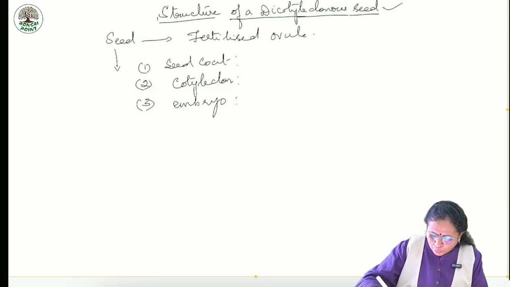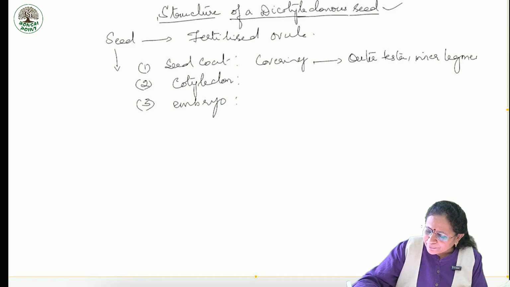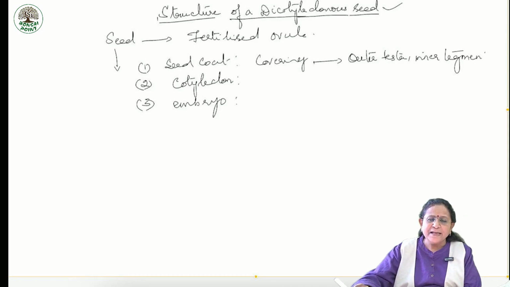What is the seed coat? It's nothing but the covering of the seed. It has two walls or layers: one is the outer testa and the second is the inner tegmen. What's the difference?